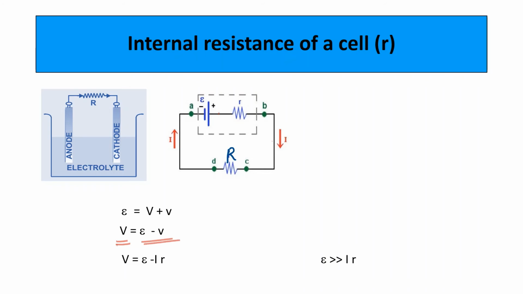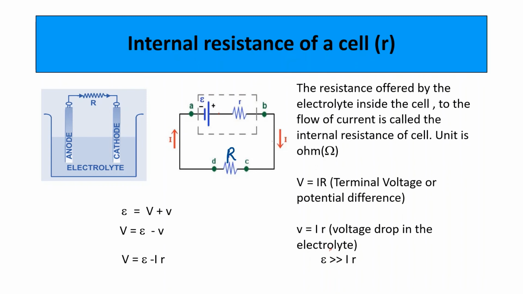Therefore, capital V, or the potential difference, is equal to epsilon minus Ir. We know small v is the voltage drop, that is Ir, and r is the internal resistance. This epsilon is always greater than Ir. Mostly we neglect this internal resistance as this resistance is very small.